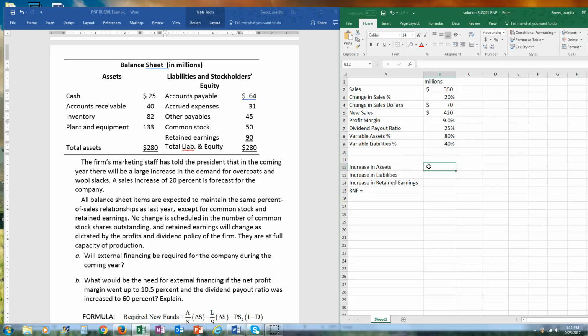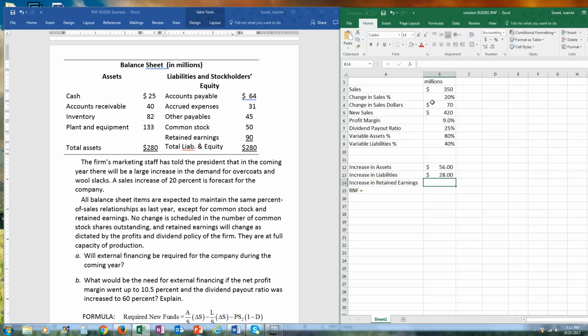So our increase in assets, looking at our formula, equals the variable assets to sales times the additional sales, the new sales, the increase. That will be 56 million. Our liabilities would then increase by 28 million.